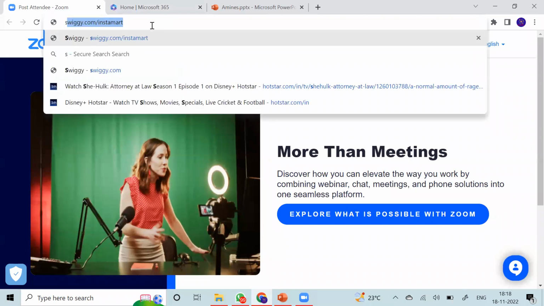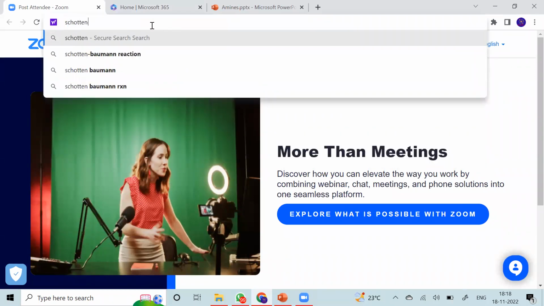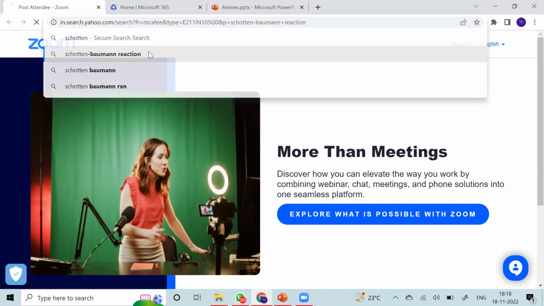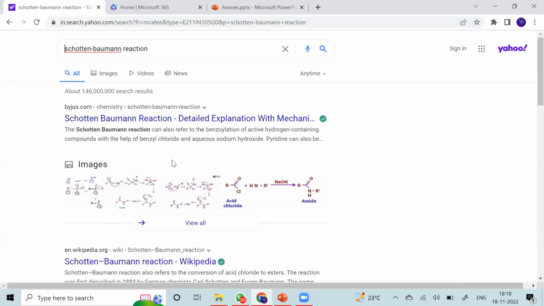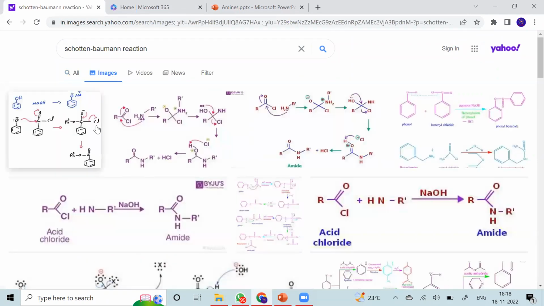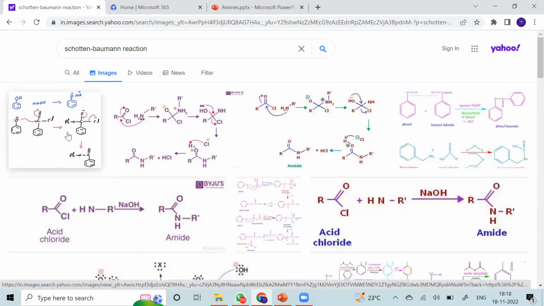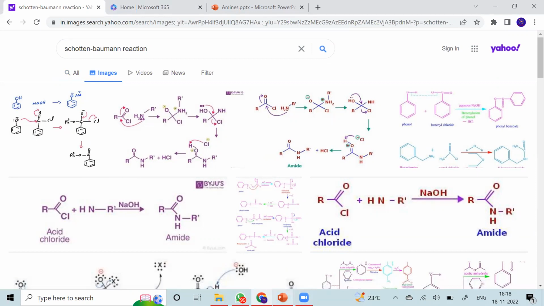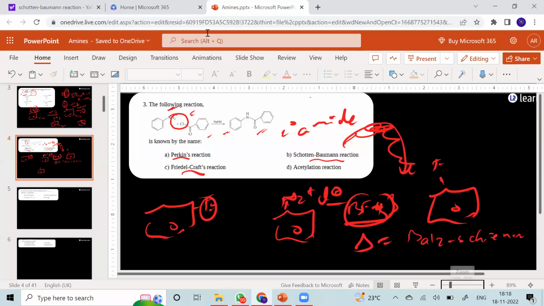I think whatever the reaction is given is called a Scott-Bowman reaction. The reaction is Scott-Bowman. Okay. So the answer of this question would be B.